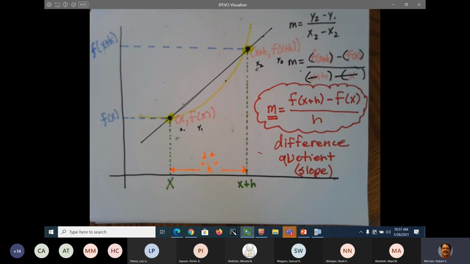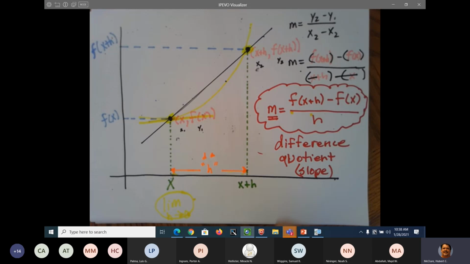In Unit 1, we're going to apply the limit as h approaches 0 to this difference quotient. We're going to take limit theory and algebra and mash them together, and that's calculus. And that's what we're going to be doing.